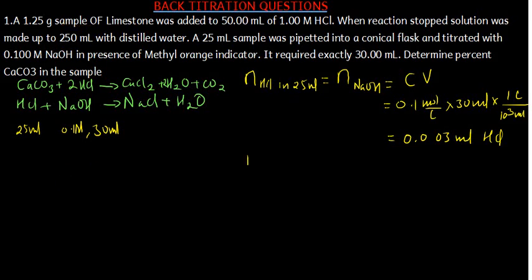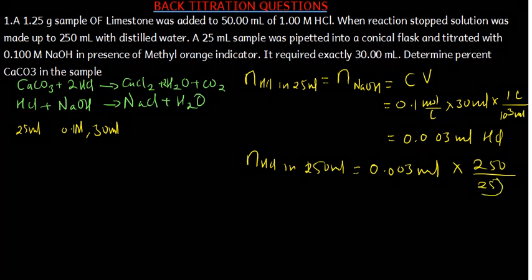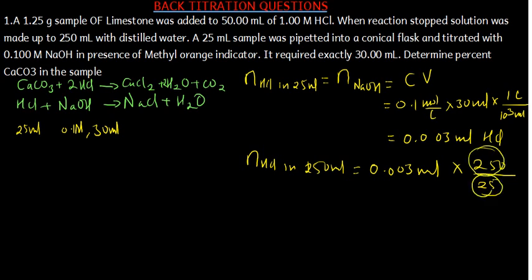Okay, so the number of moles of hydrochloric acid in 250 milliliters is going to be equal to the number of moles of hydrochloric acid in this 25 milliliters, which is 0.003 moles, and then we are going to multiply by 250 over 25. So all we are saying is, how many 25s are in 250?